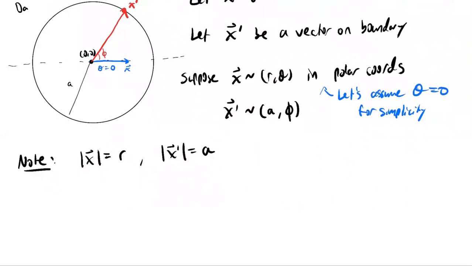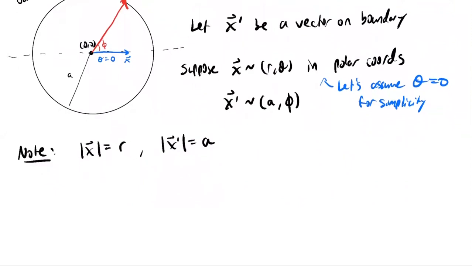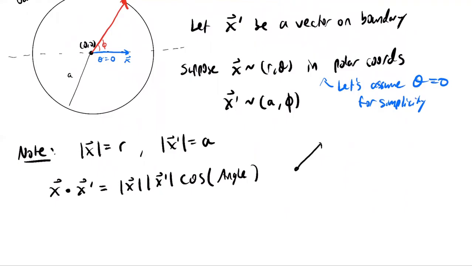And so, now what happens if we take the dot product of x and x prime? Well, remember that you can always calculate the dot product of two vectors by multiplying their lengths times the cosine of the angle between them. Say this is x prime and this is x.